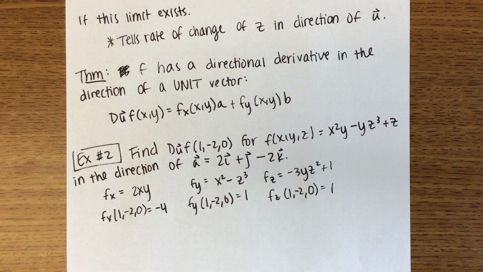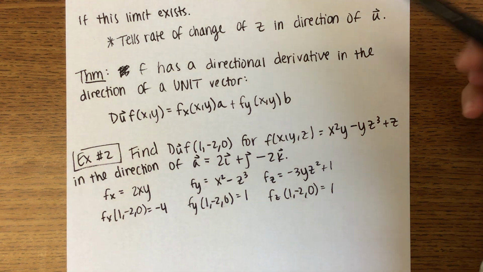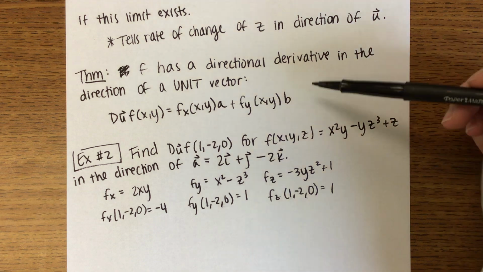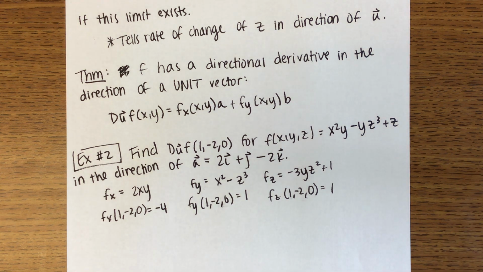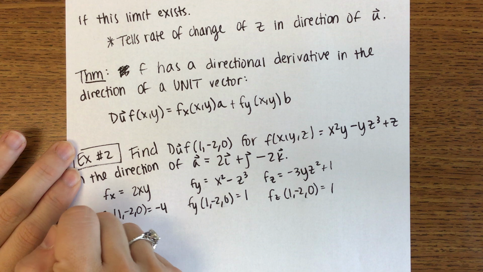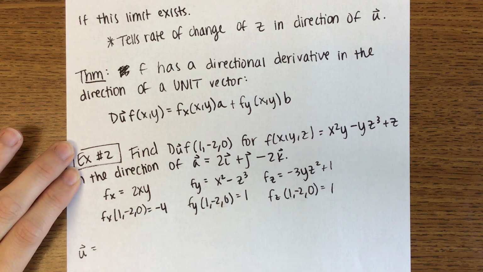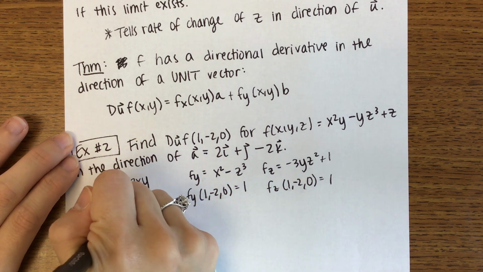Okay. What do we have to do before we can start plugging numbers in? Are we allowed to use this direction right away? Has to be a unit vector. Yeah. So we need to find our unit vector, which is going to be that direction vector a we have divided by the norm of a.